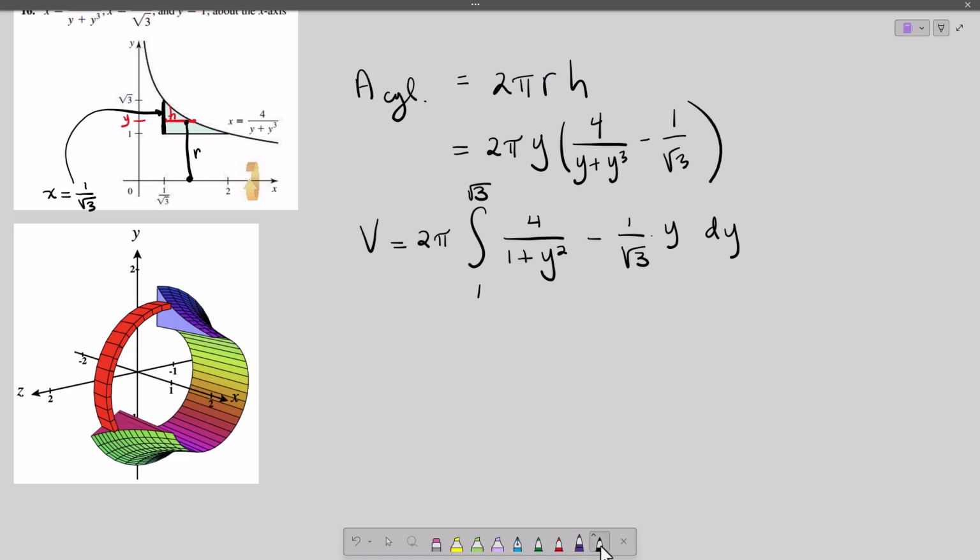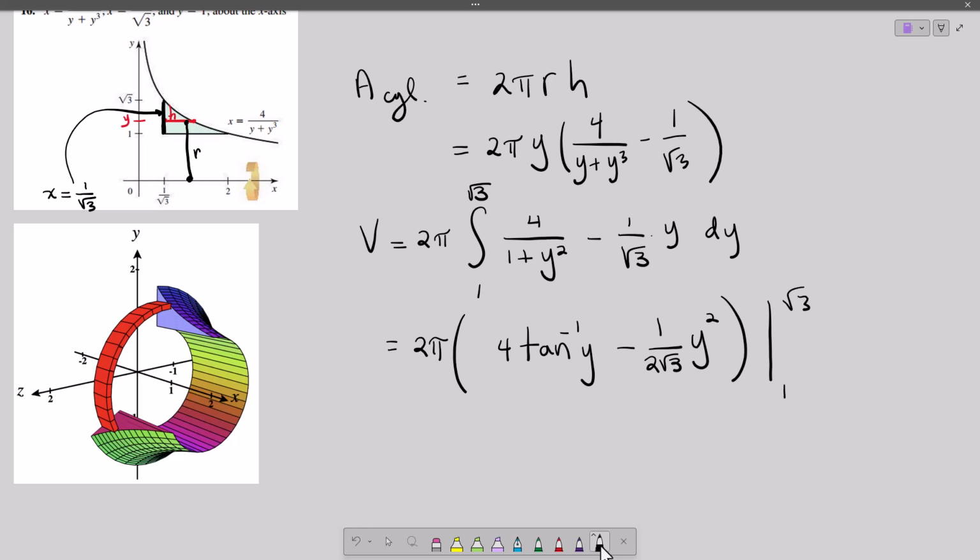So this one is going to integrate directly to 4 as a constant, and then that's going to be inverse tangent of y. And then this one is a y squared over 2 thing. So we're going to have that. And then our limits of integration, 1 and root 3.